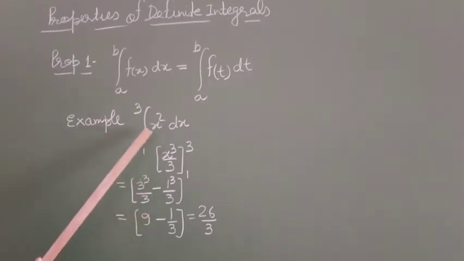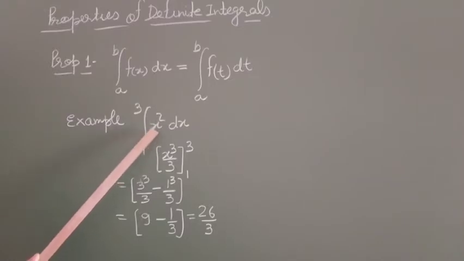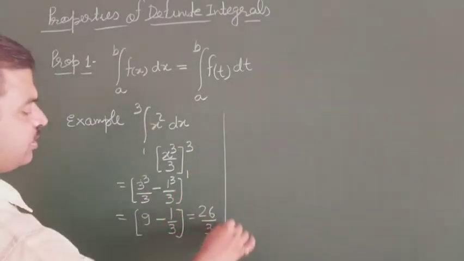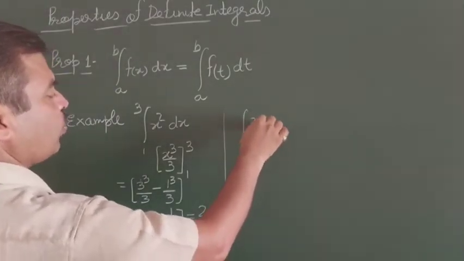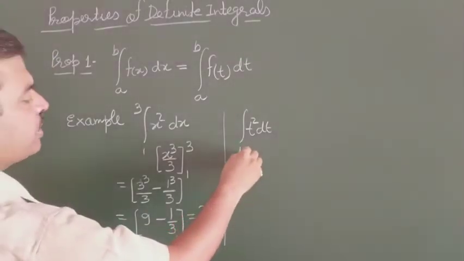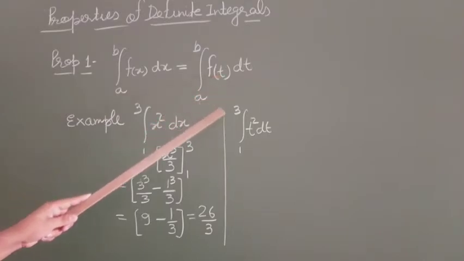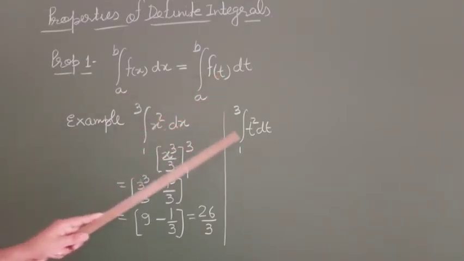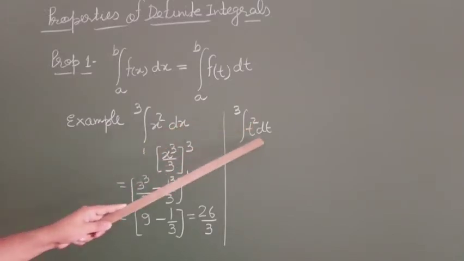Now if I change the variable in place of x, if we take t square dt and limits are the same, only I change the variable. In place of x I have put t, so x square becomes t square, and dx becomes dt.